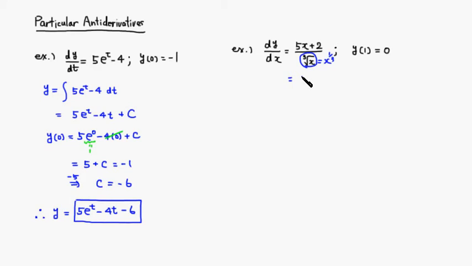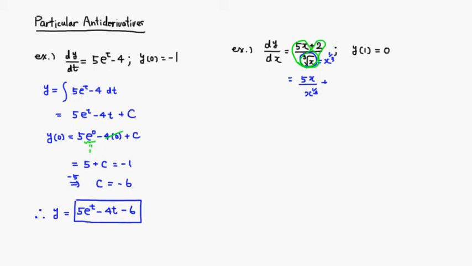You're going to have 5x over x to the 1/3 power, that's the first fraction, and plus the second fraction, which would be 2 over cube root of x.